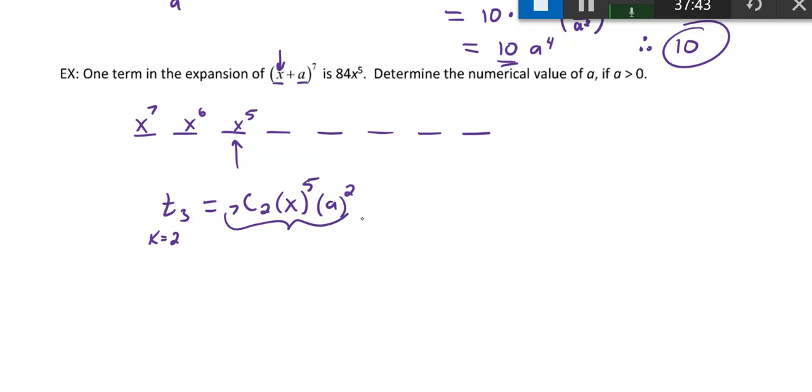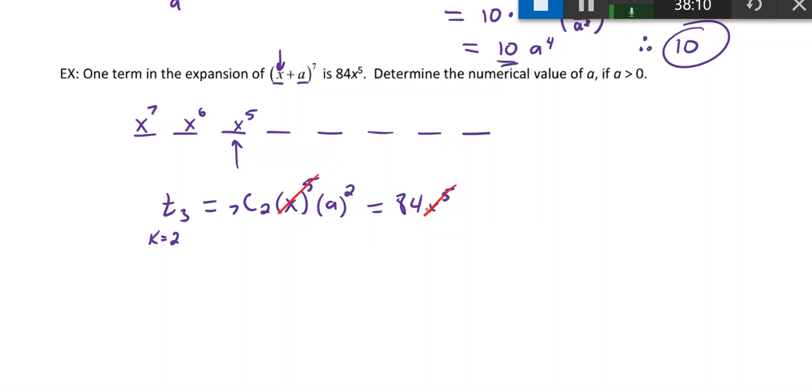this is the term, right? In the end, this thing is going to look like this thing. So I can actually say that this is equal to 84x to the 5, right? They are the same thing. Now it's a bit more clear, right? We have an equation. This side is equal to this side. So now let's simplify this thing up a little bit. One thing I can do right off the bat are the x to the 5s.